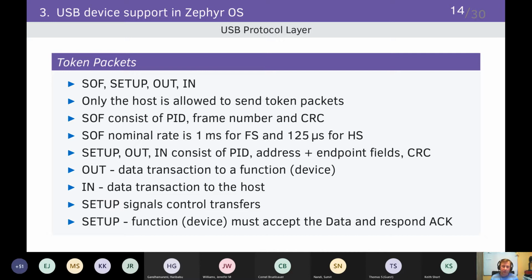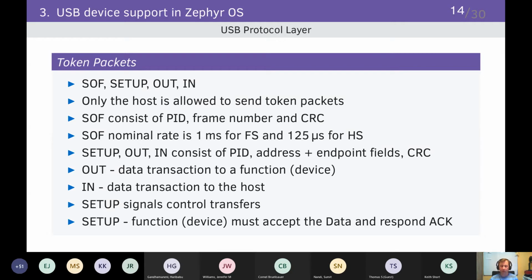Start of frame tokens help the host to organize or schedule the transfers. Other tokens are setup, out, and in, which also consist of PID, but also address and endpoint fields. So these tokens are directed to a specific endpoint.